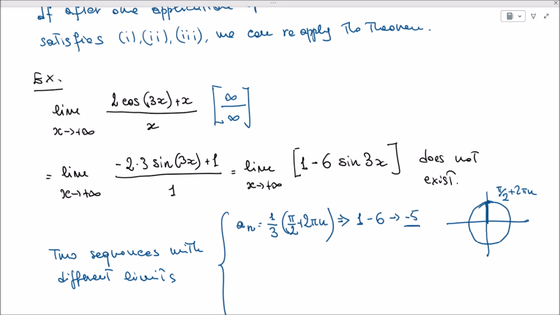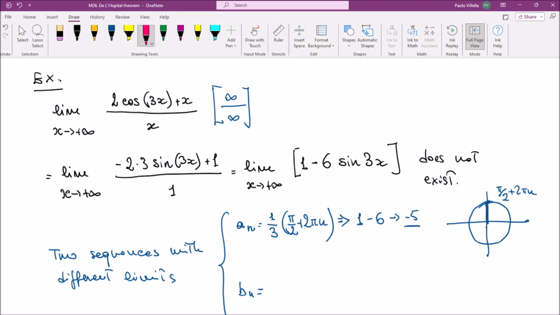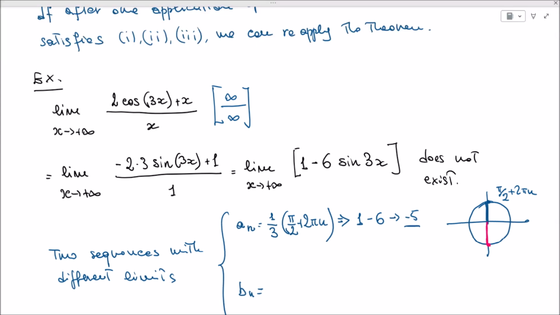And if instead we take another sequence bn and we want to make the sine equal to minus 1, okay, we know that this happens at minus pi over 2 minus 2 pi n, for example, or if you like, minus pi over 2 plus 2 pi n.